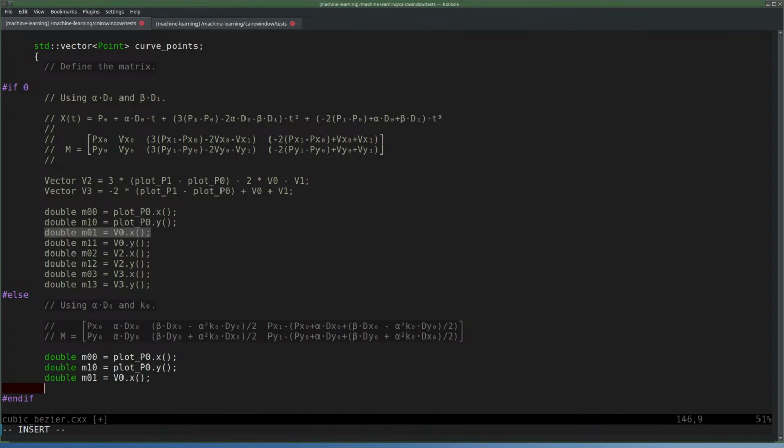We keep the velocity, so that would be alpha d0. And then, got to do that one. No, come on.